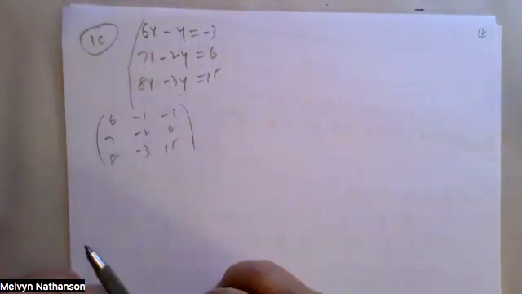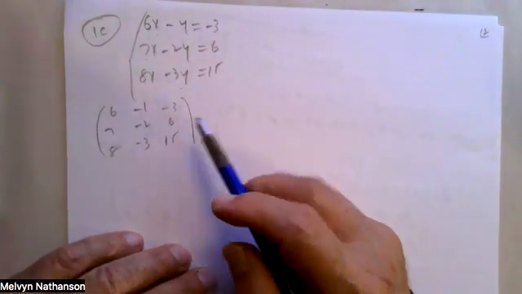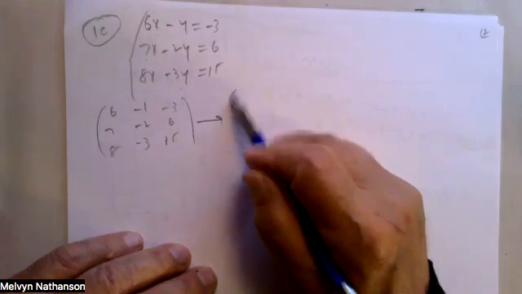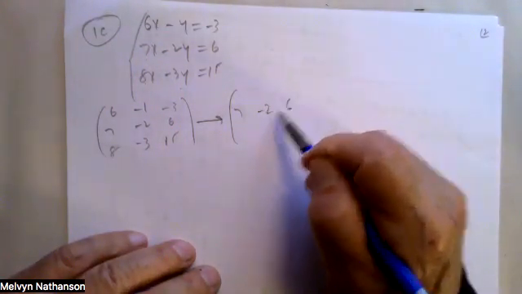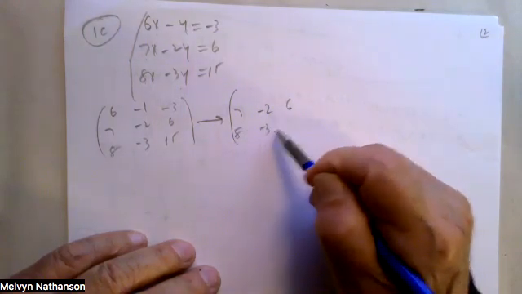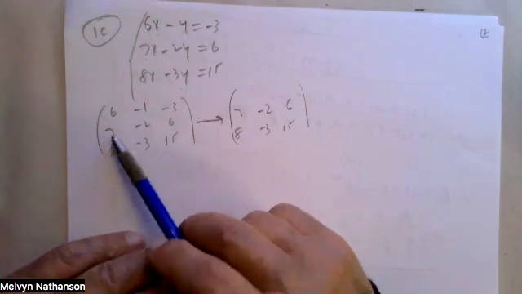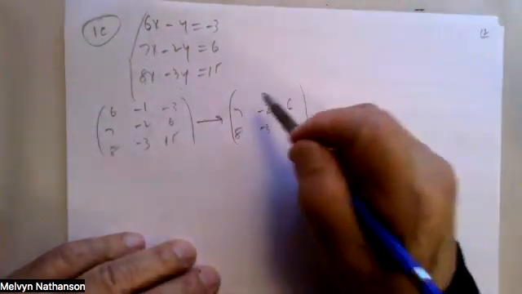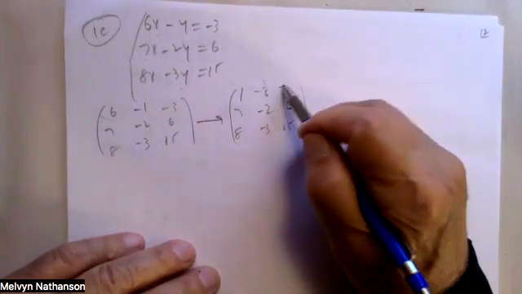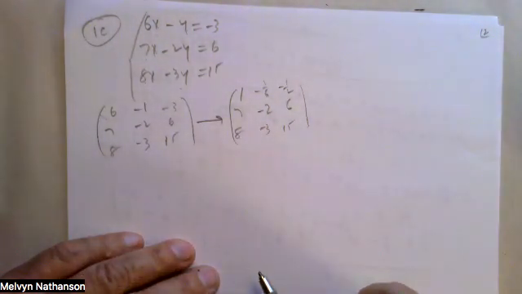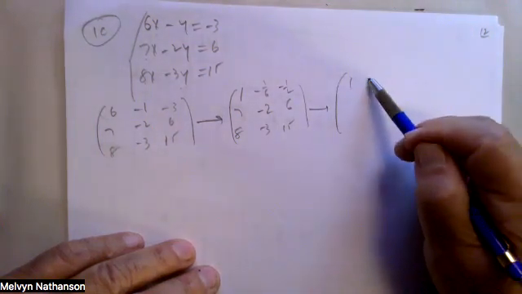You have to do a lot of arithmetic to put this matrix in reduced row echelon form. But if you have to do it, you have to do it. The last two rows don't change. We want a 1 here, so we divide the first row by 6. You get 1, minus a sixth, minus 3 over 6, which is minus a half. So the first row starts with 1.